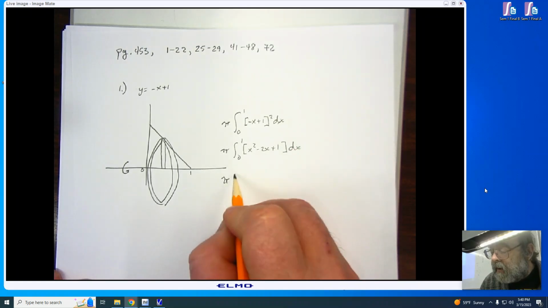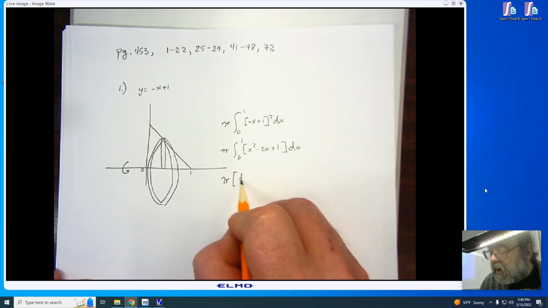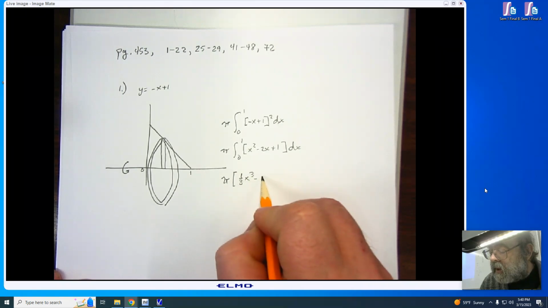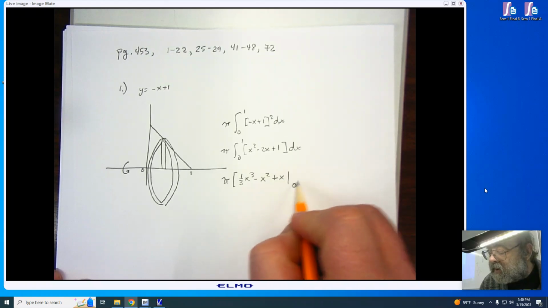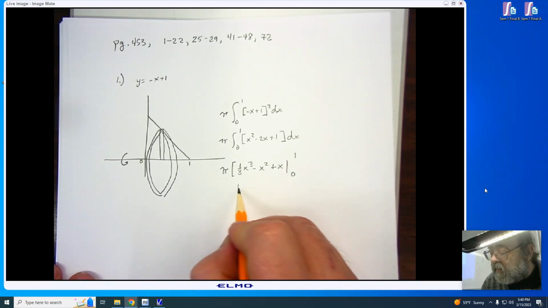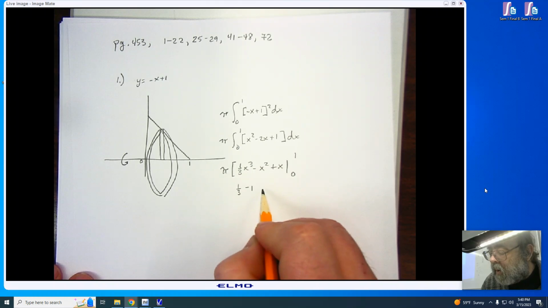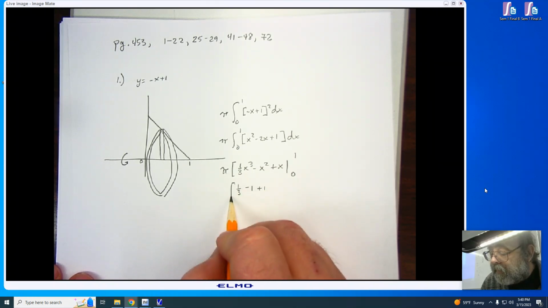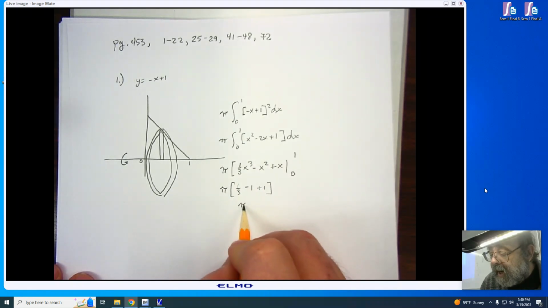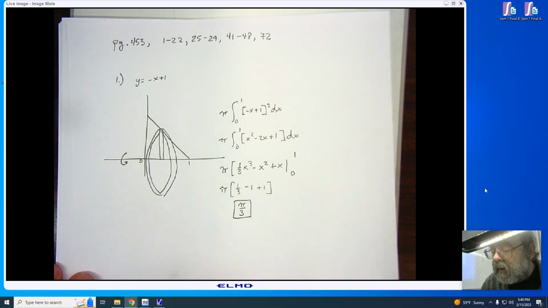I then get pi times 1/3 x cubed minus x squared plus x from 0 to 1. This is giving me 1/3 minus 1 whole, and then we have plus 1 whole multiplied by pi, and my answer is pi over 3.